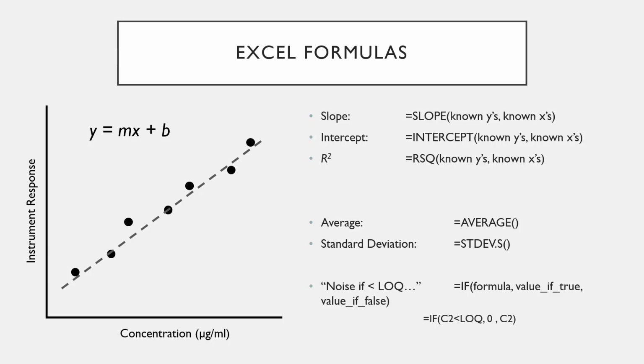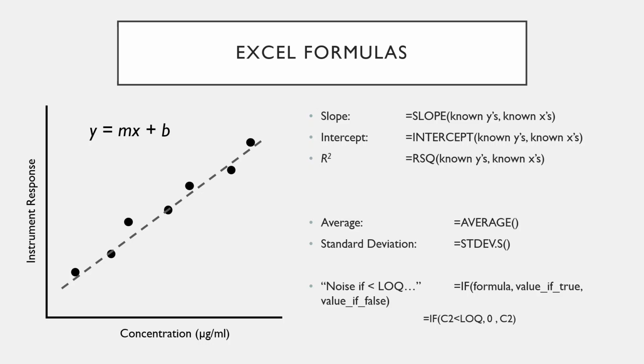Now, I mentioned you want to interpret every value below your LOQ as zero. So I oftentimes use IF logic formulas, where if a particular value is below my LOQ, have it output as 0, and if it truly is above my LOQ, then have it output the result of my regression analysis.